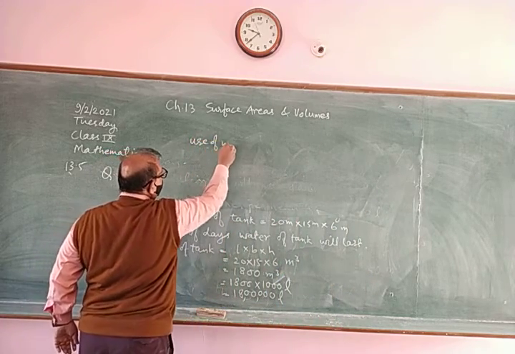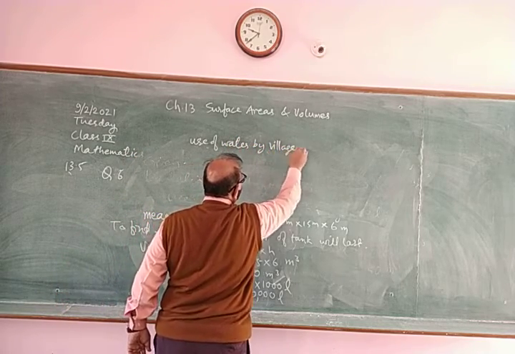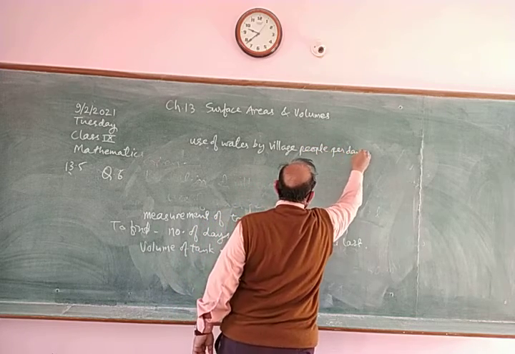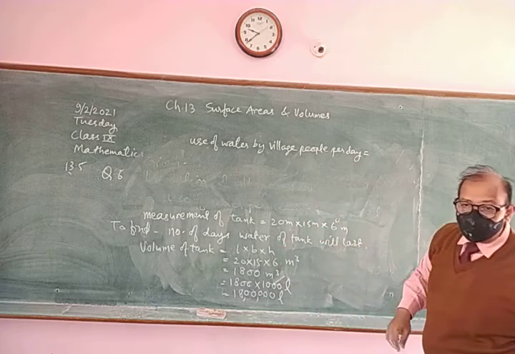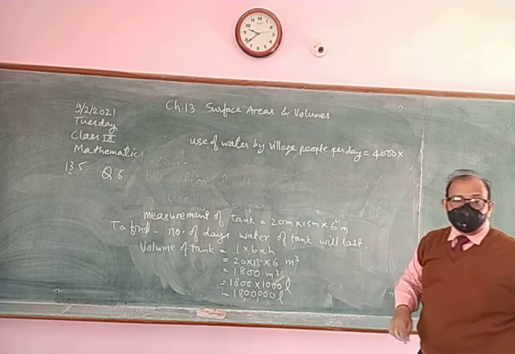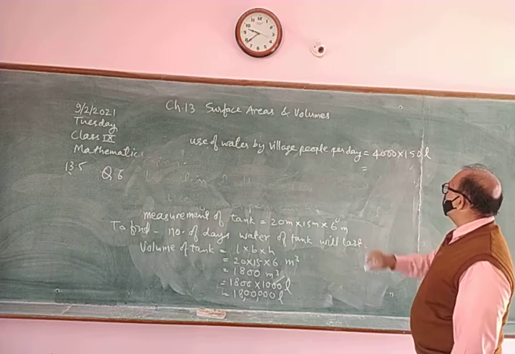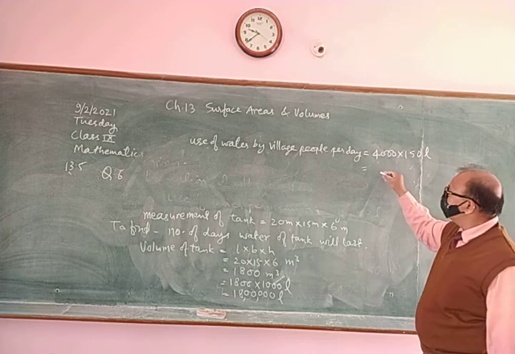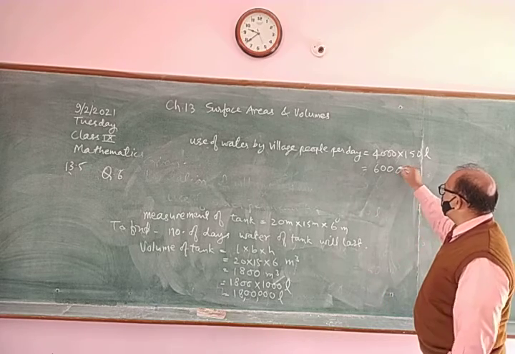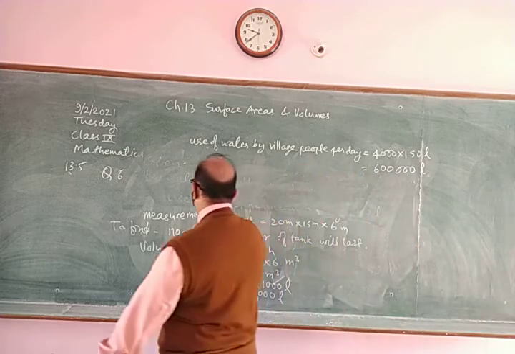Use of water by village people per day is equal to population into water used per head per day, which is 150 liter. 4,000 into 150 is 6 lakh liter. Okay.